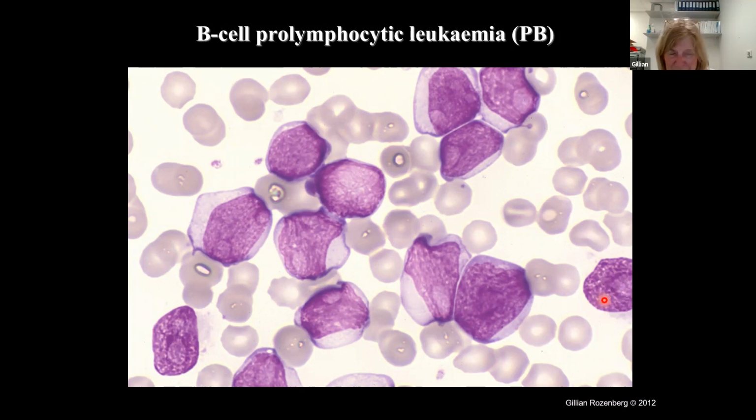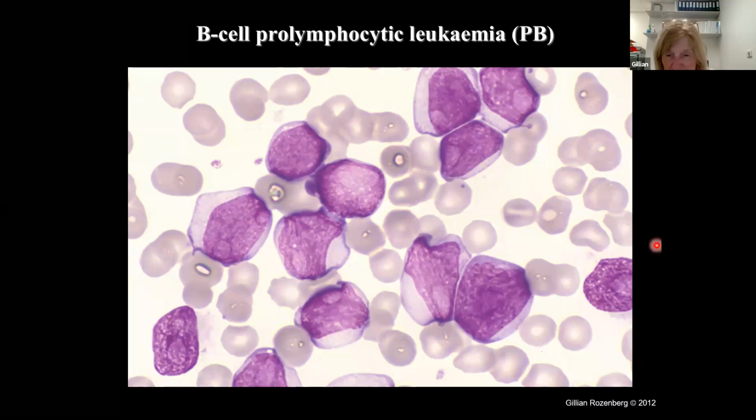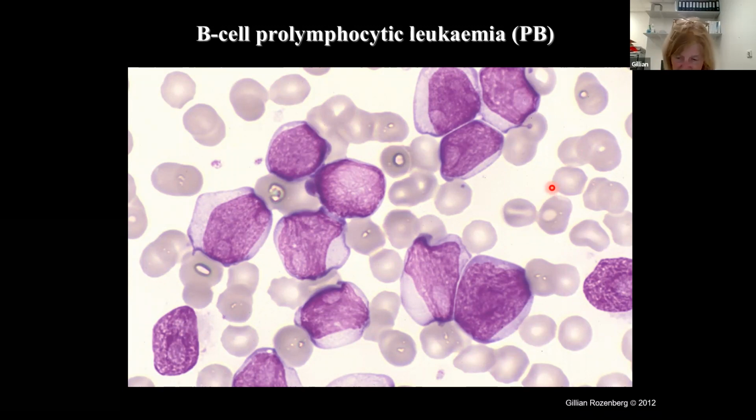CLL is just a classic disorder for smudge cells, but you can see the nucleus has been released from the cytoplasm. You can see the nucleolus there right on the edge, and these are two smudge cells. So that's what a smudge cell looks like, just a broken cell with a distorted nucleus.